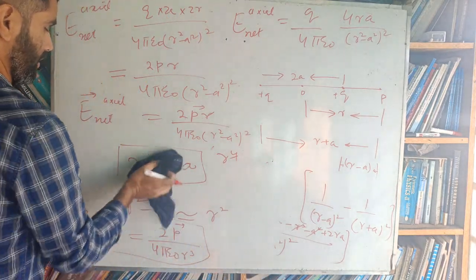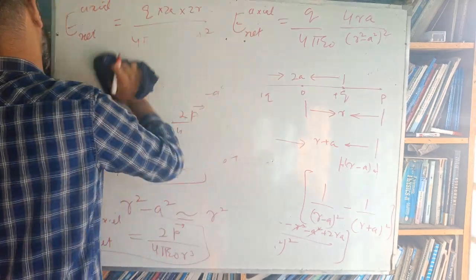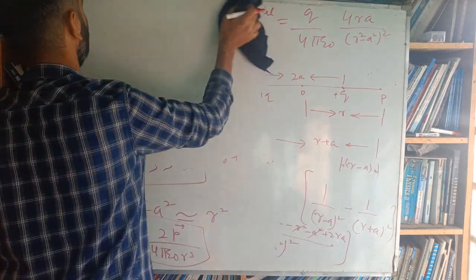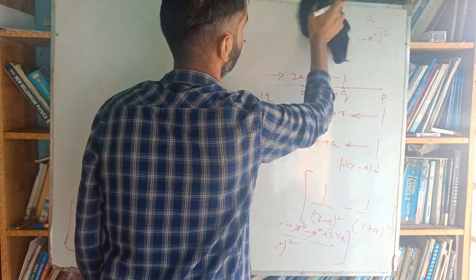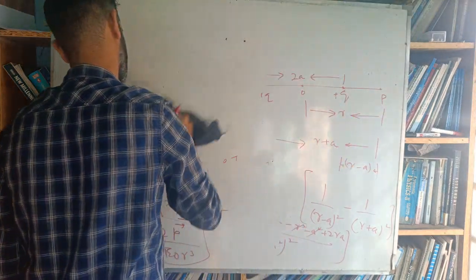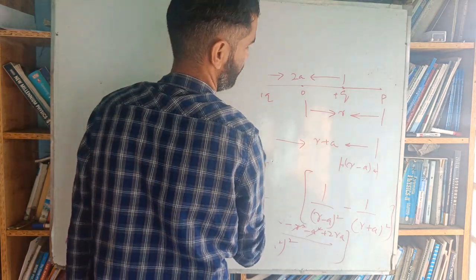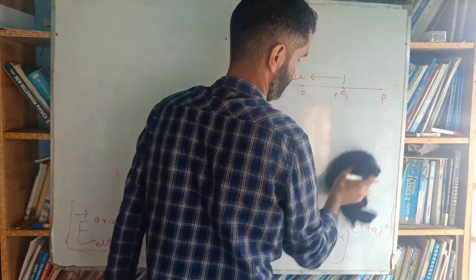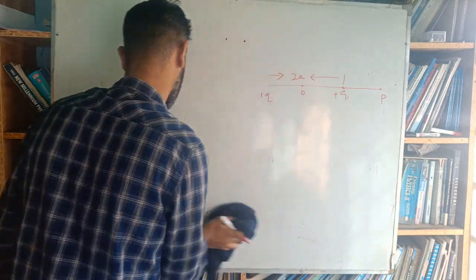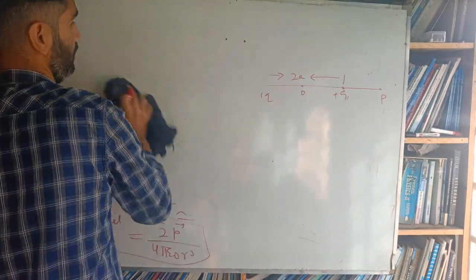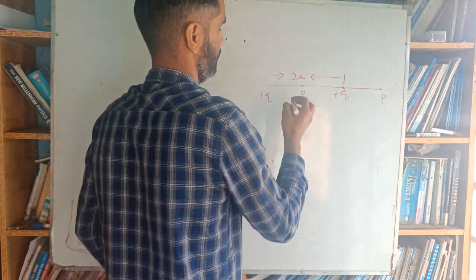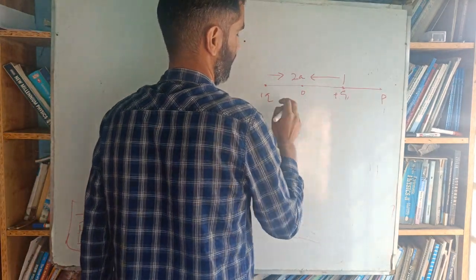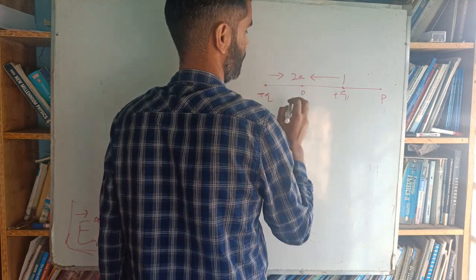Now let us calculate the electric field intensity at the equatorial point for this electric dipole. So this is the electric dipole, minus q and plus q charges.